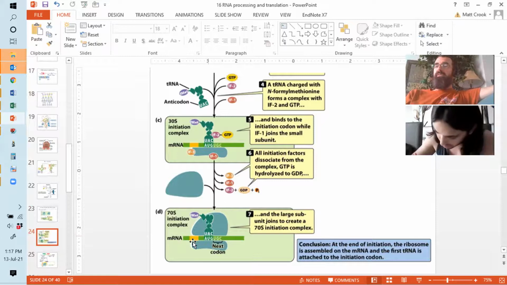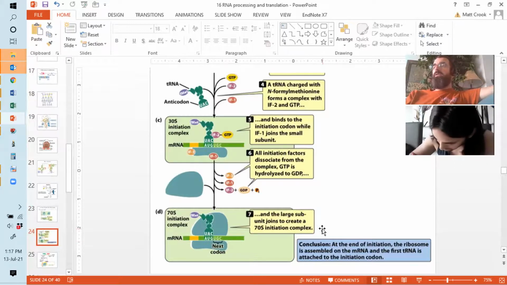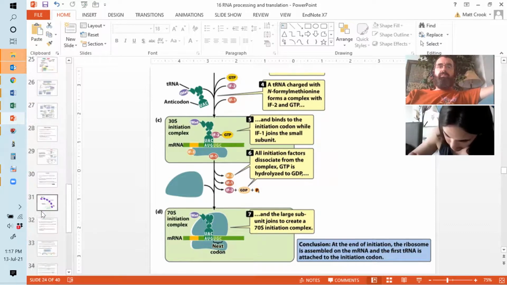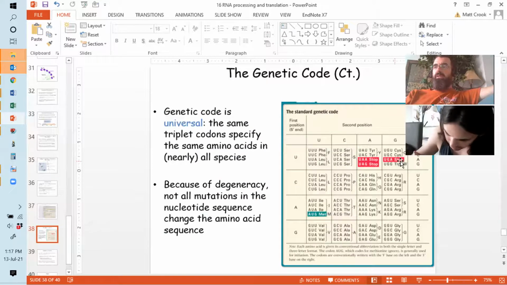And as soon as that finishes, the A site, the access site, is now available for another charged tRNA to come in that matches that UGC codon. So UGC, what would that be?